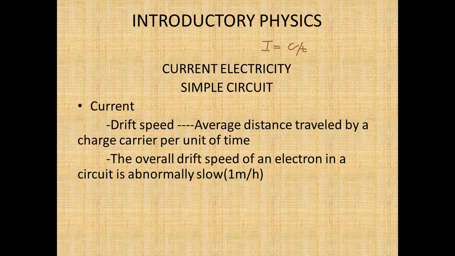Once you turn your light switch on, the electric field is established almost instantaneously. It is the electric field that causes the electrons to move. There's a chain of electrons all around the circuit, so it's going to induce the electrons to move. The average speed of the electrons is very, very slow.